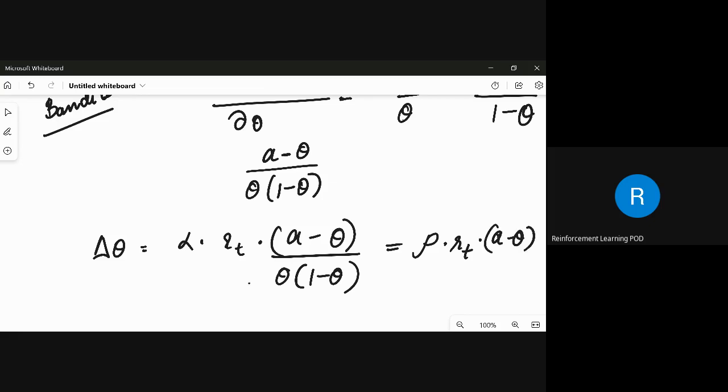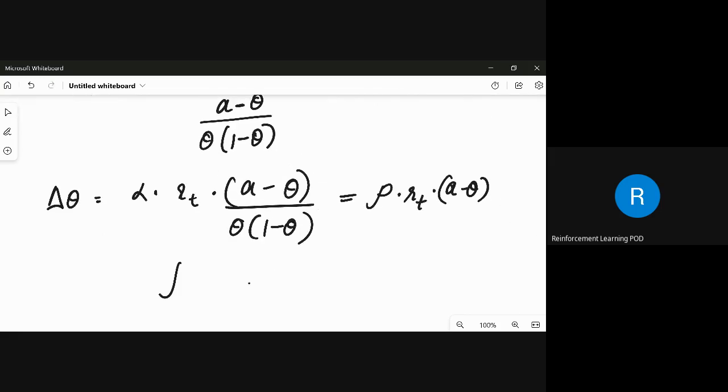Because theta is independent of your reward as well as the particular timestamp, we can write it like this. So by this formula, rho becomes alpha times theta into 1 minus theta.